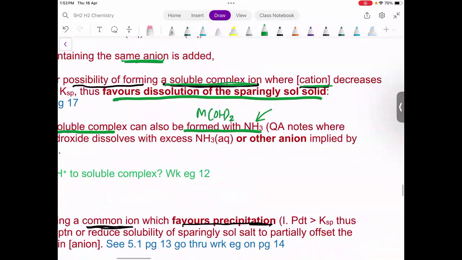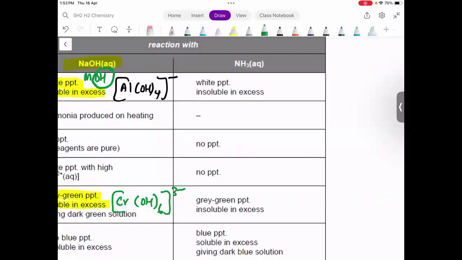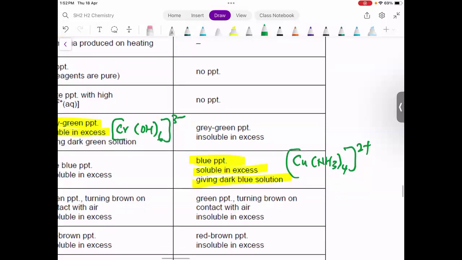For example, if you look at your QA notes, under the section ammonia aqueous, through the whole column you will see this instance: copper hydroxide ppt forms, soluble in excess to form a dark blue solution. This is the instance whereby your copper forms a soluble complex with excess ammonia, which will reduce the cation concentration, hence favor dissolution.